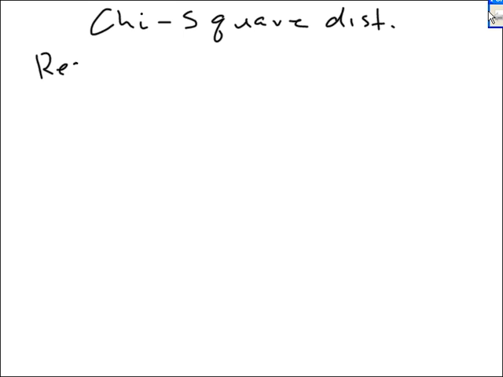Okay, now we go on to estimating a population variance. And here, the distribution that we're using is called chi-squared. When it comes to chi-squared distribution, the requirement is straightforward.